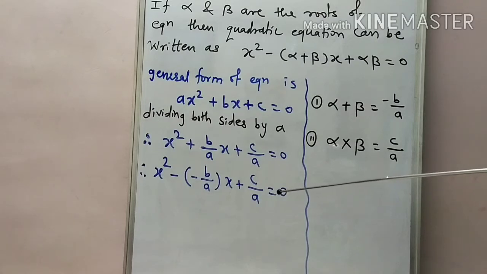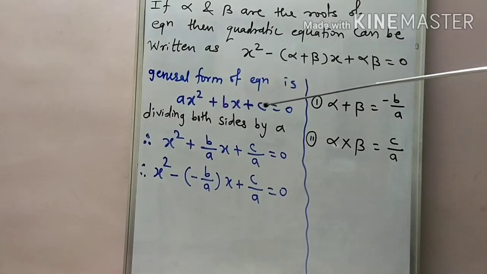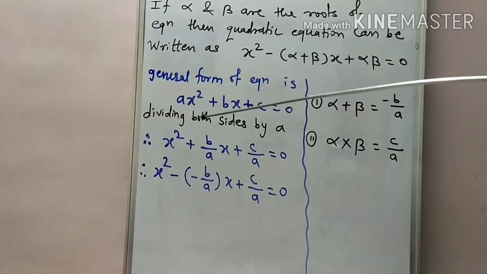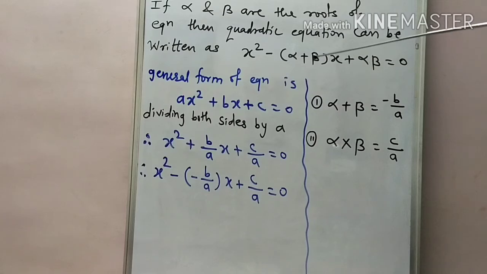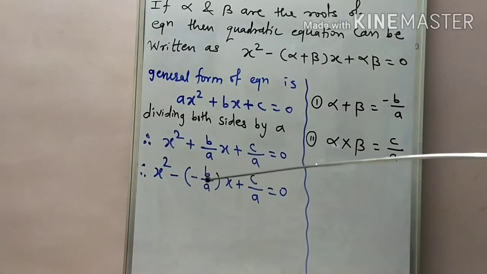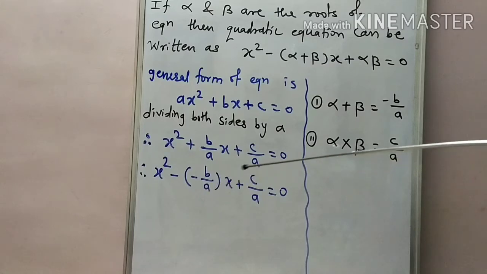Means what we do here, the general form of that quadratic equation, ax square plus bx plus c equal to 0, now we have to change this form in terms of what? Roots. Because here in this bracket we have minus b upon a, and according to the relation, minus of b upon a is what? Alpha plus beta.